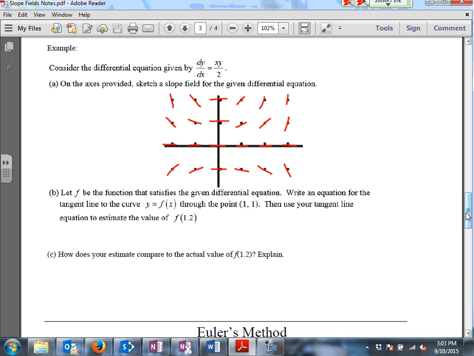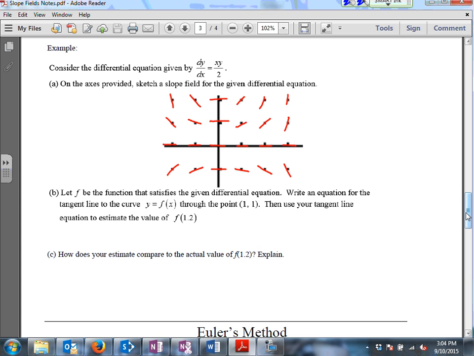How does that look? Okay, so what does our solution look like?